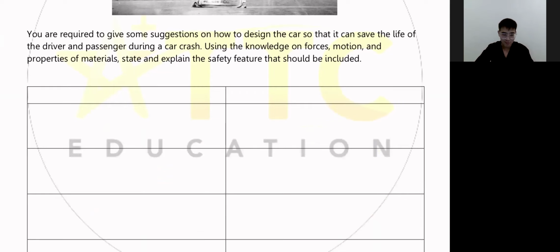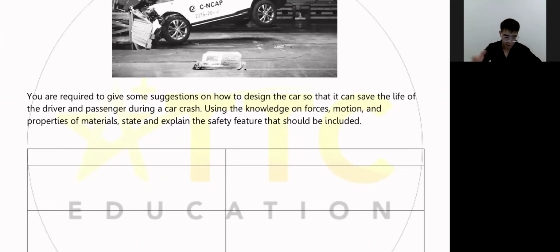It's called the suggestion type, where you have to give suggestions based on nothing. You have to think yourself. Whatever thing that can make this car become more safe, you have to write. Now this one is very simple. You read the question. The question says you are required to give some suggestions on how to design a car so that it can save the life of the driver and the passenger during a car crash.